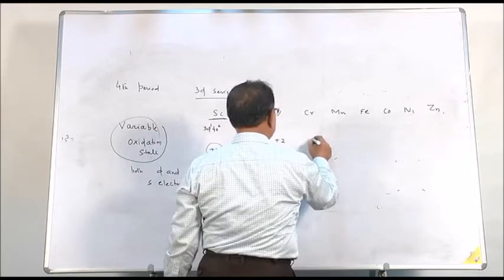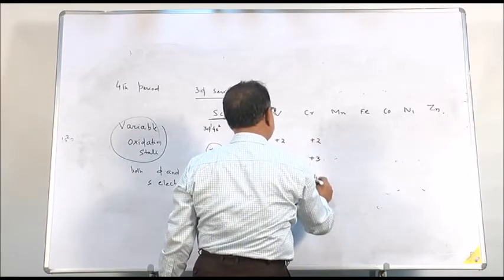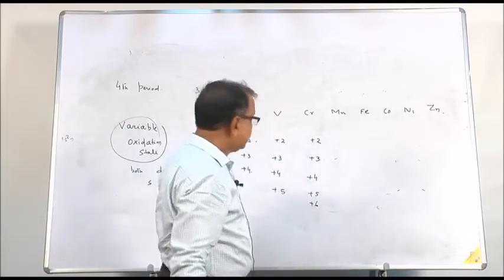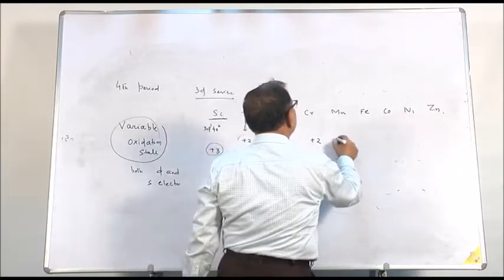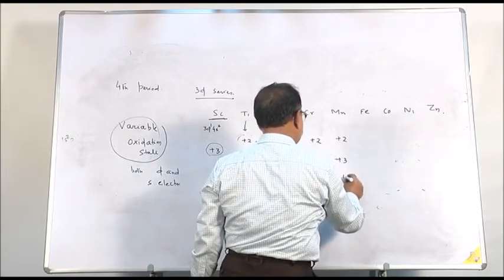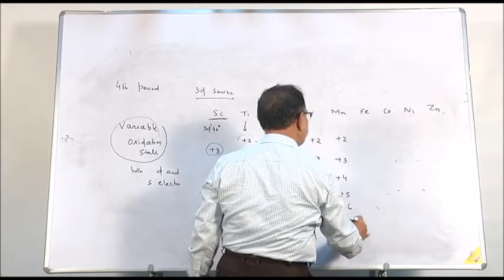Chromium exhibits +2, +3, +4, +5, +6. Then manganese exhibits +2, +3, +4, +5, +6 and +7.